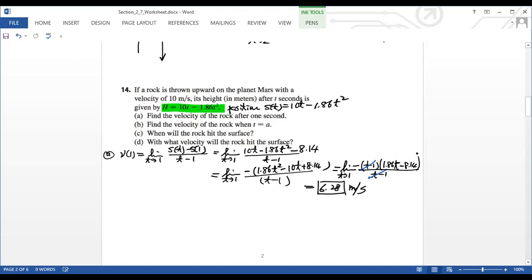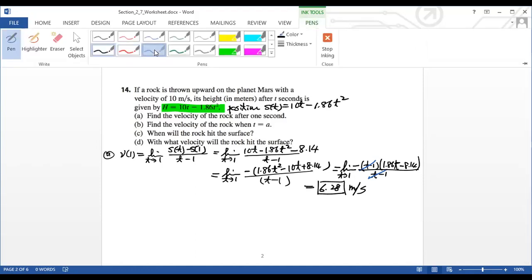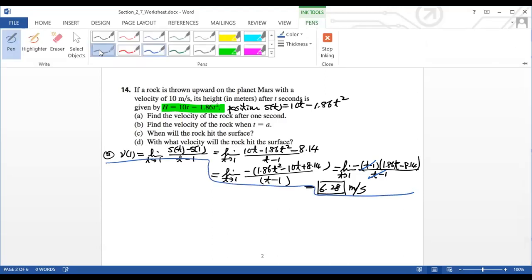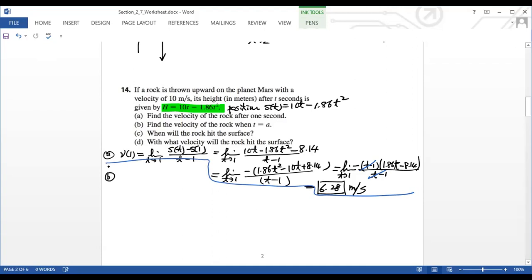Okay, so now the next one, they want to find the velocity of the rock at 8 seconds here, all right? So that means in the general form here. Let me clear that out so we don't override it. In part B, let's use different notation.